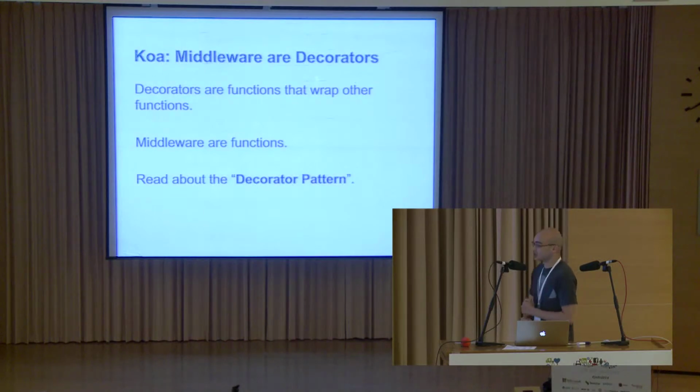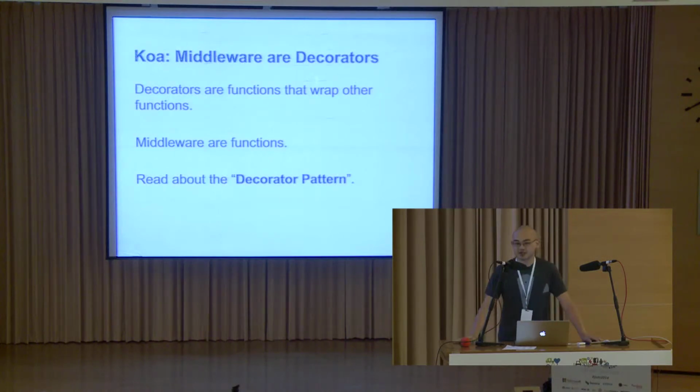So the idea behind Koa is that unlike Express, which you basically just chain callbacks after each other, I use decorators. So decorators are very confusing to learn. I had a talk before about how it works, but it's very difficult to understand just on slides.